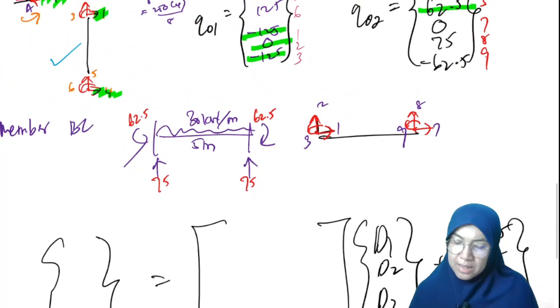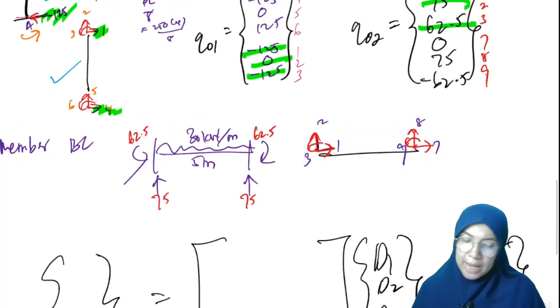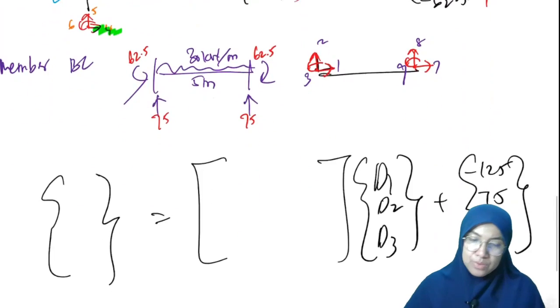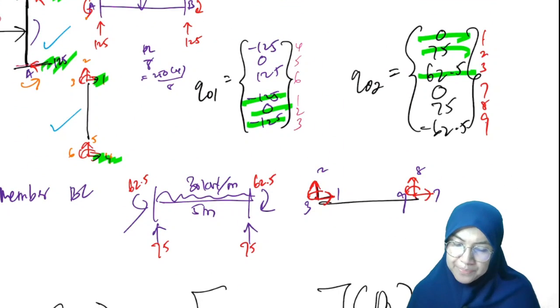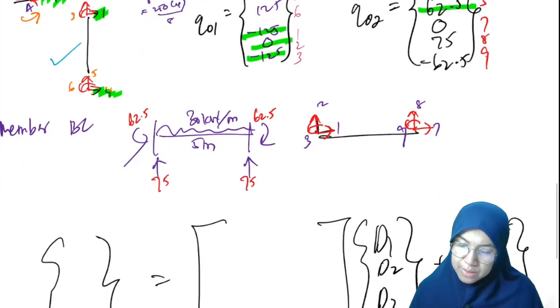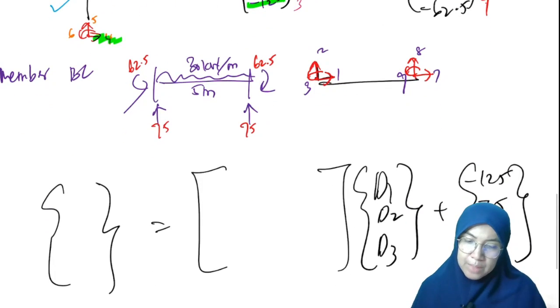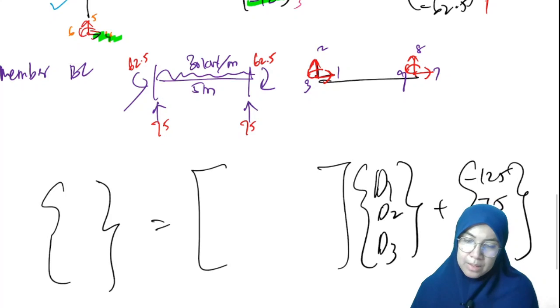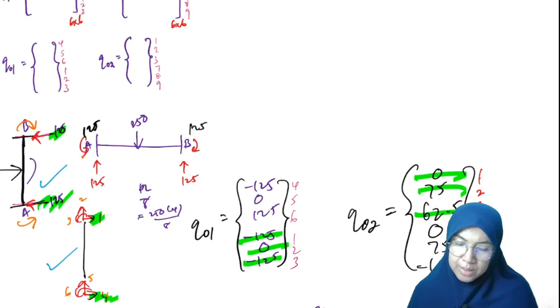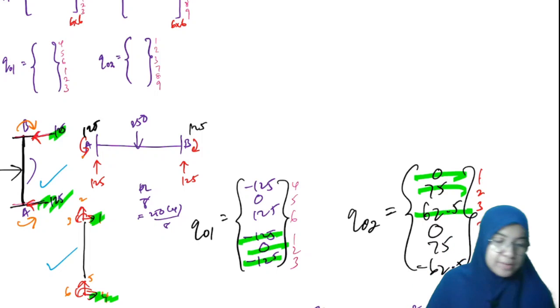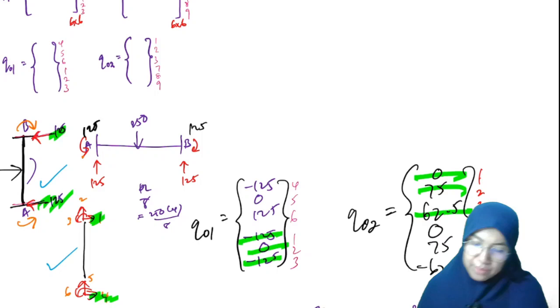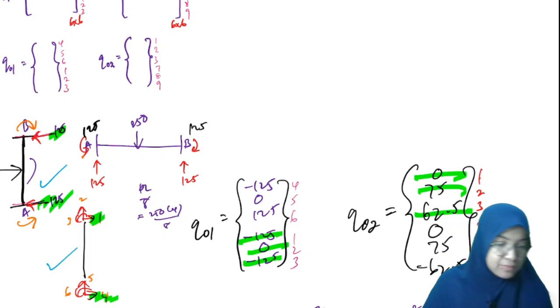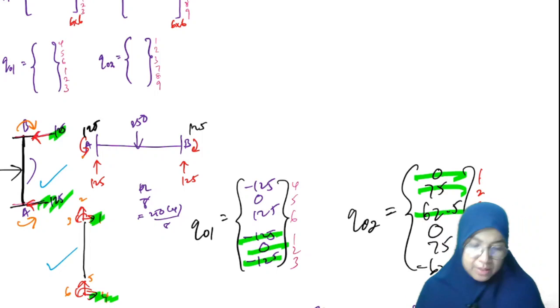Okay, next, the last one at position number 3, the moment. So we look at this one, negative 125 plus 62.5.